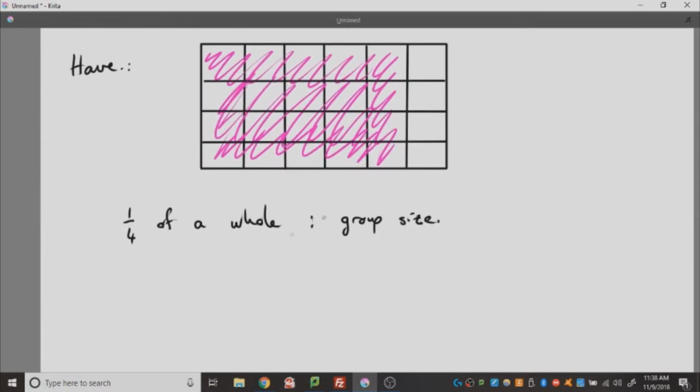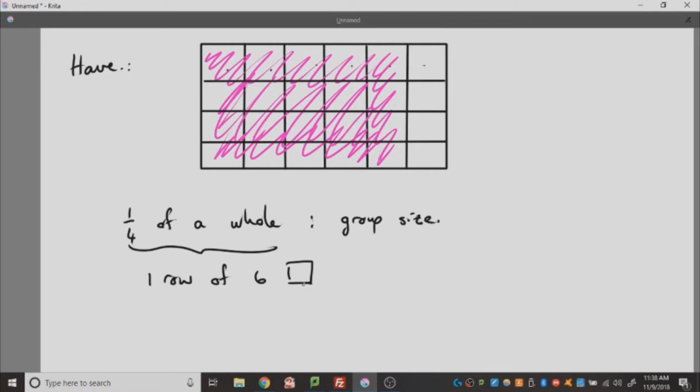Now 1/4 of a whole rectangle is 1 row. 1 row of 1, 2, 3, 4, 5, 6 little pieces. Just in general. I'm not taking from what I have.